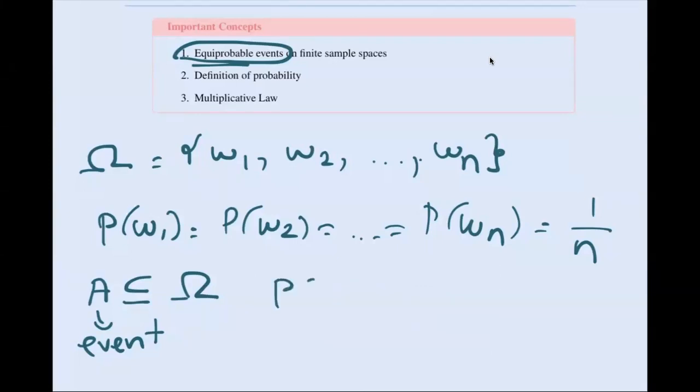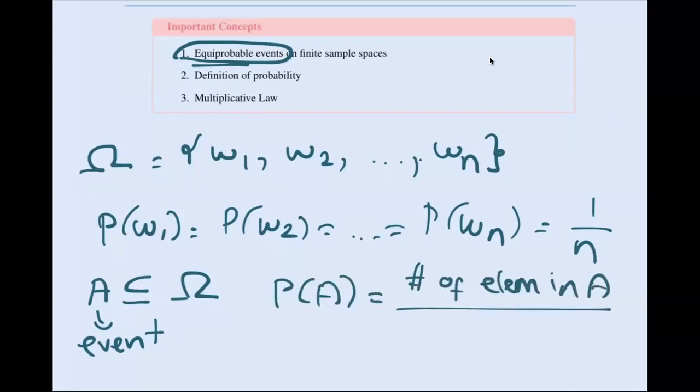Then the probability of A is equal to the number of elements in A divided by the number of elements in the sample space.